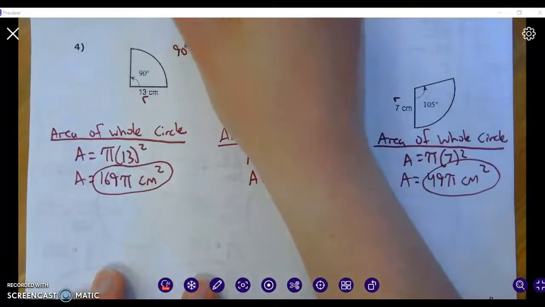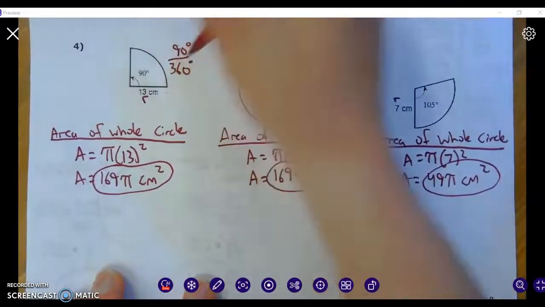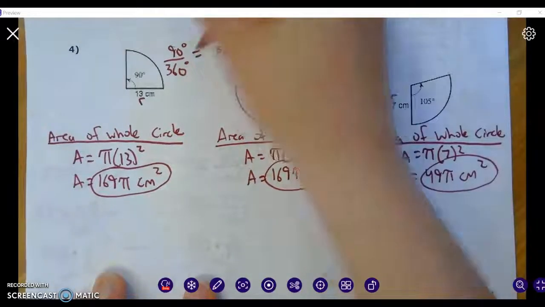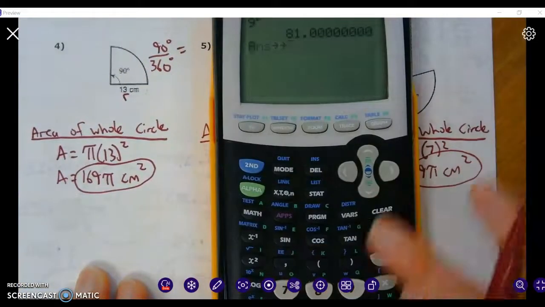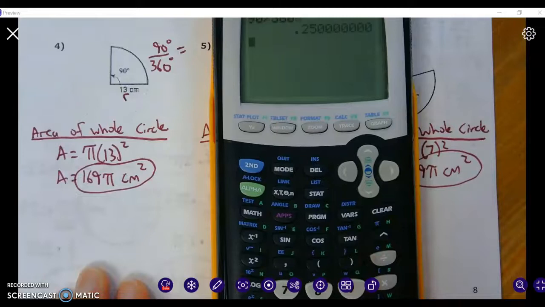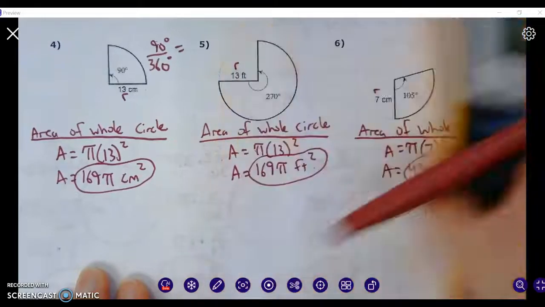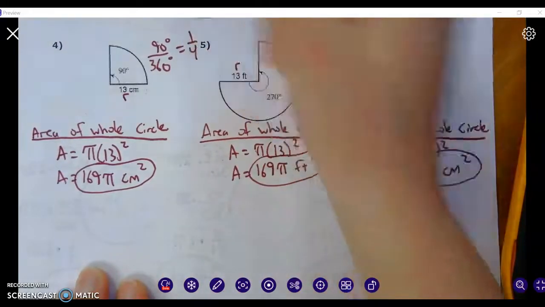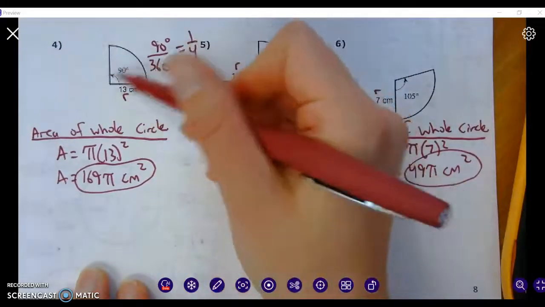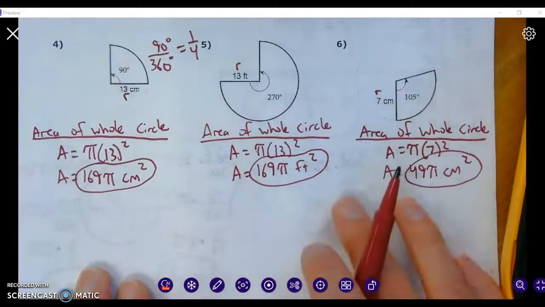So 90 degrees out of 360 degrees reduces down. So I turn that into a fraction. So 90 out of 360 is equivalent to a fourth. So this piece is a fourth of the entire circle.